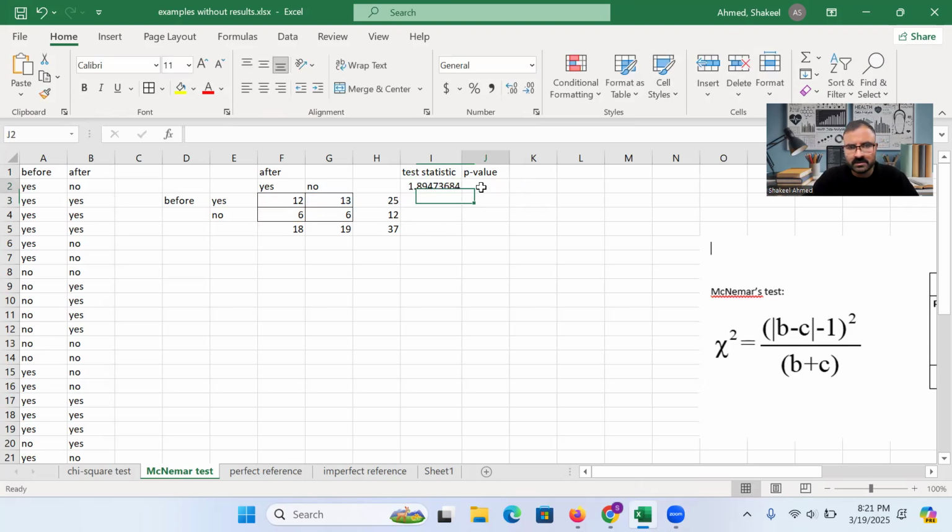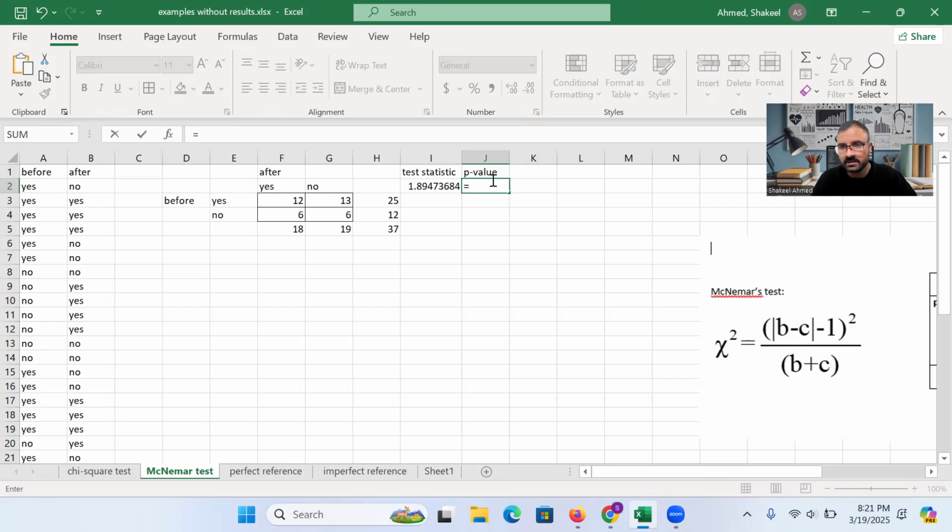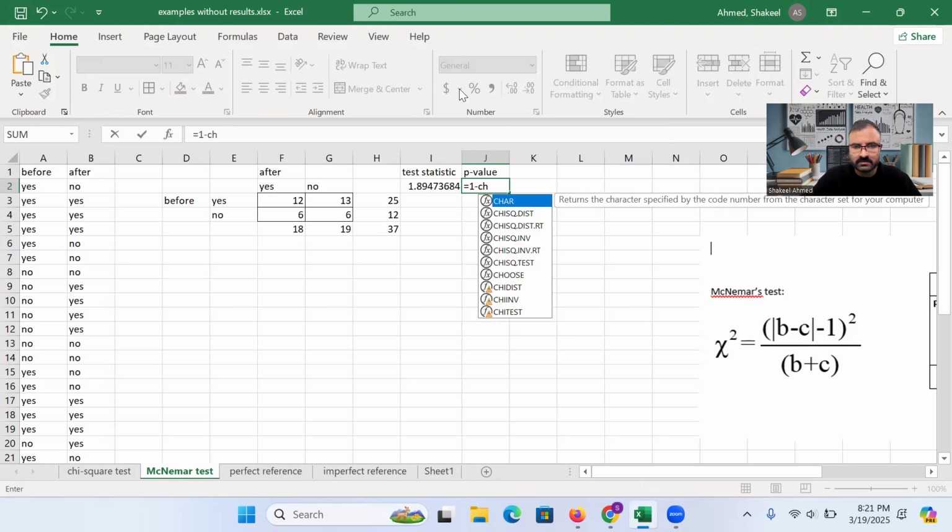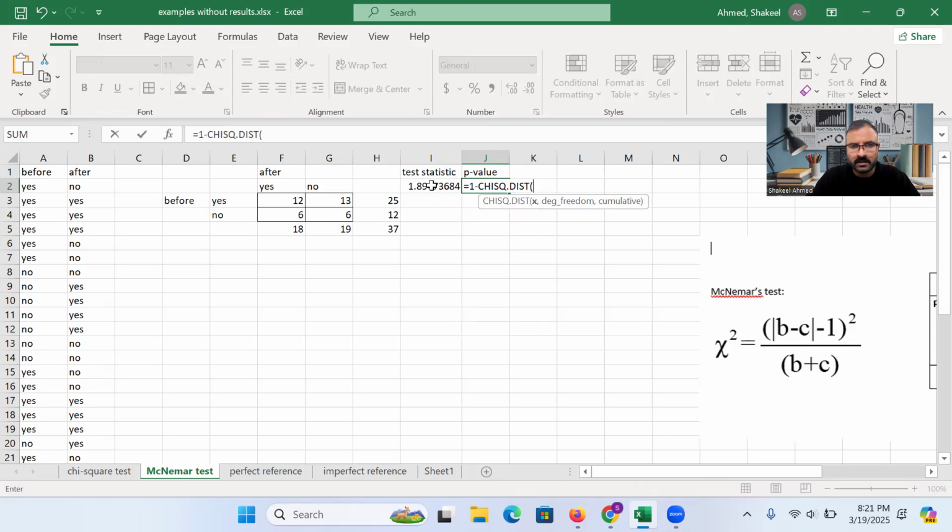This is the value of the test statistic, and you can again find the p-value. The degree of freedom in this case is also 1, so we can find 1 minus the chi-square distribution of the test statistic, with degree of freedom 1 and cumulative true.